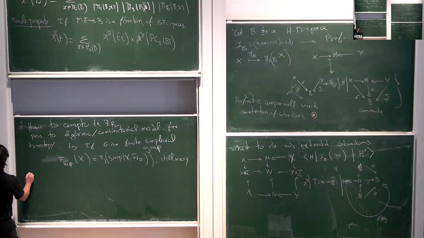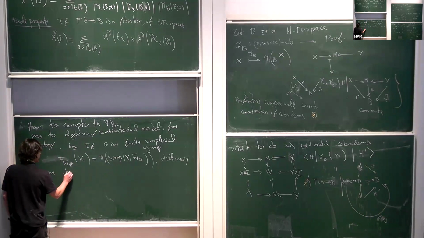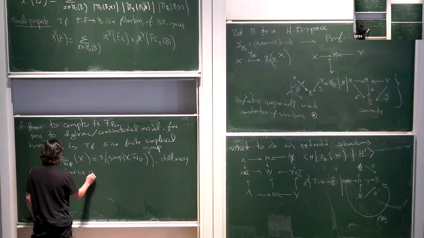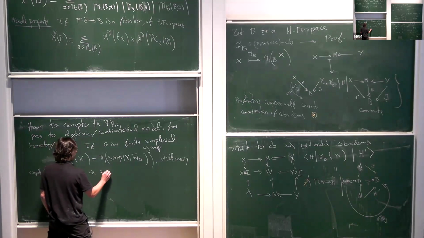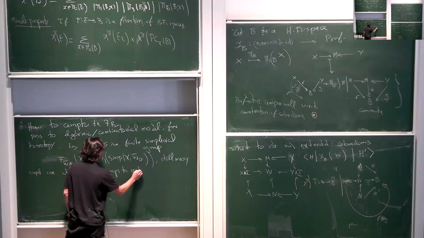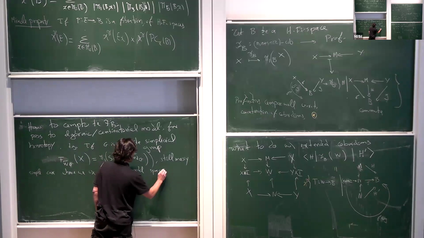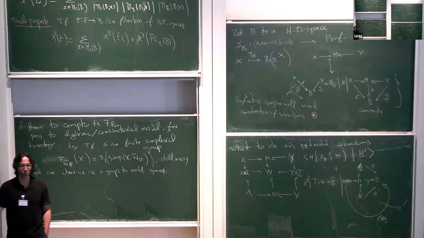But there's a much simpler case where we use two groups to model spaces. I'm not going to be able to model all spaces.